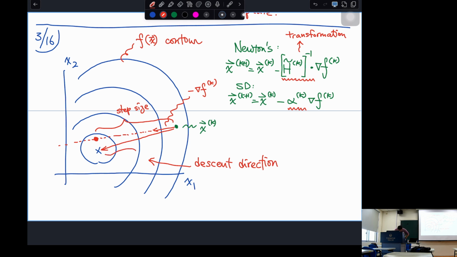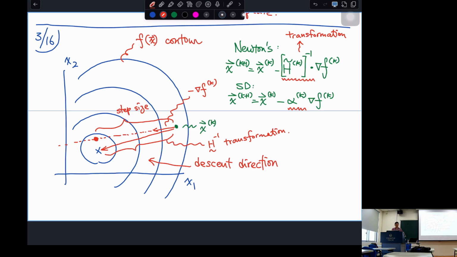So it's because of the transformation based on Hessian inverse. It tells you where is the good direction and how far you should move. So in Newton's method, we didn't figure out the step size. We didn't need to. Okay?